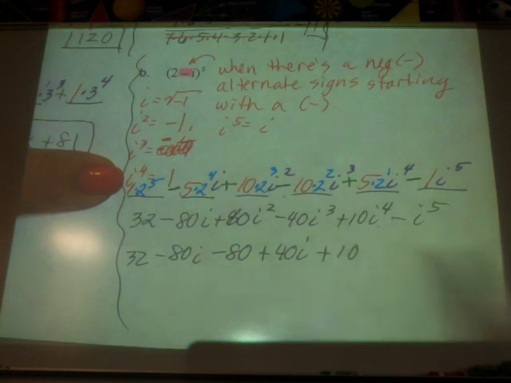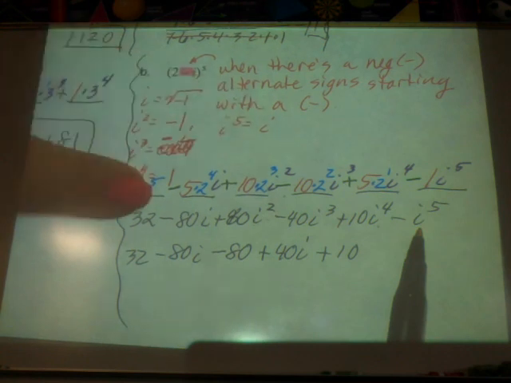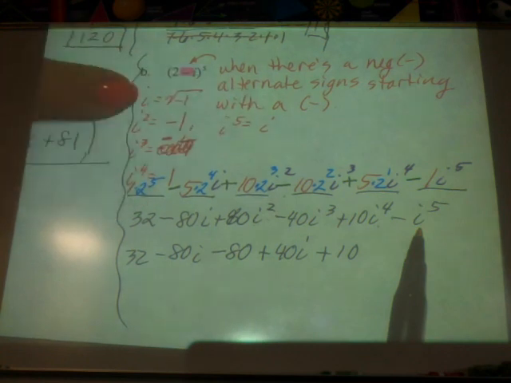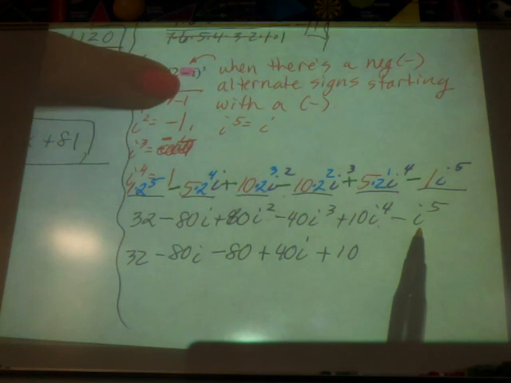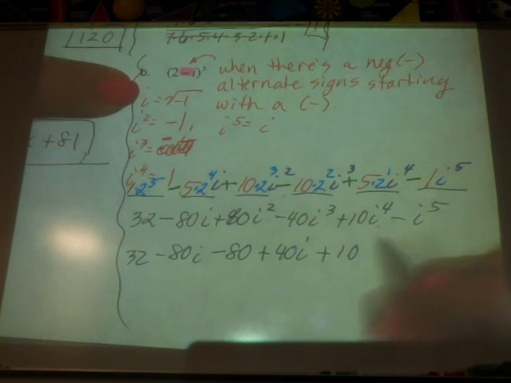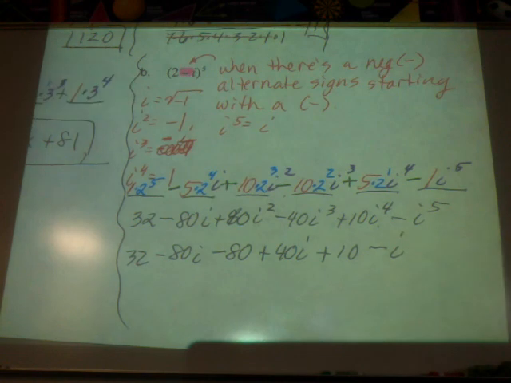And then not minus yet. i to the 5th is i, because that's i to the 4th times i is i to the 5th. We're not going to write square root of negative 1, we're going to write i. So i to the fifth just becomes minus i. And then we can combine like terms, can't we?